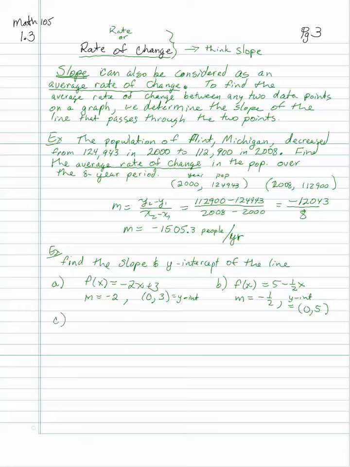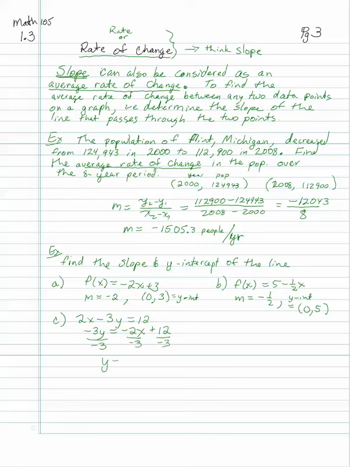What about this one? 2x minus 3y equals 12. The slope's not 2 because it has to be in slope-intercept form, meaning you have to get y all by itself. You've got to solve it for y. So subtract the 2x, divide by -3.